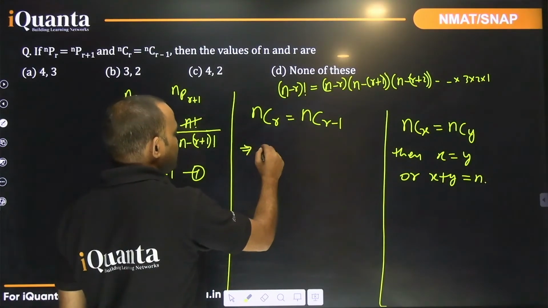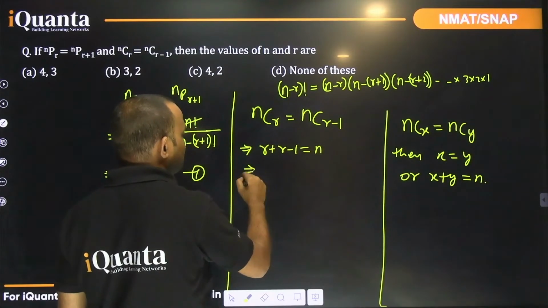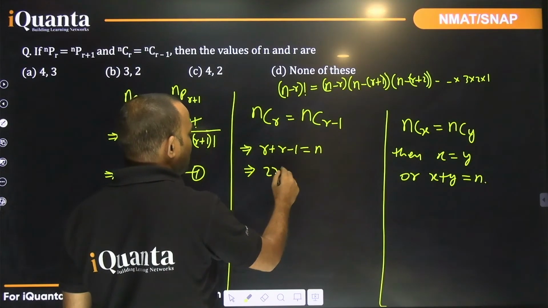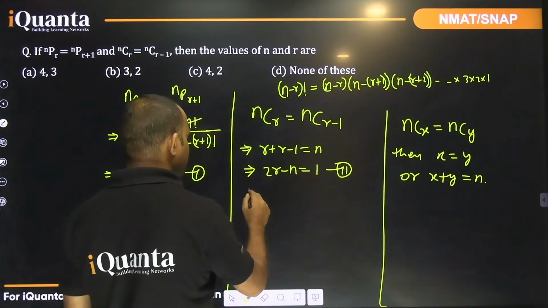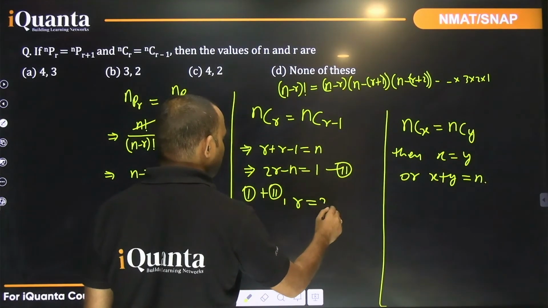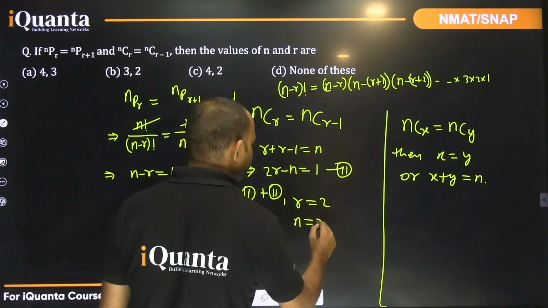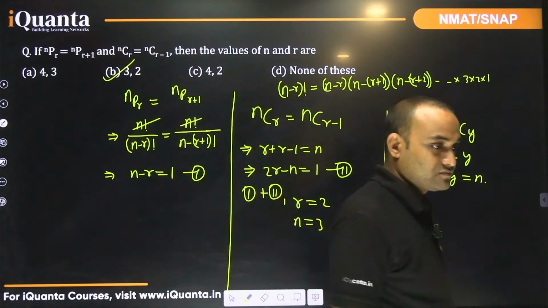So what we can say is that r plus r minus 1 is equal to n, or 2r minus n is equal to 1. So add these two equations, 1 plus 2, what do we get? r is equal to 2 and so n is equal to 3. So answer is option B.